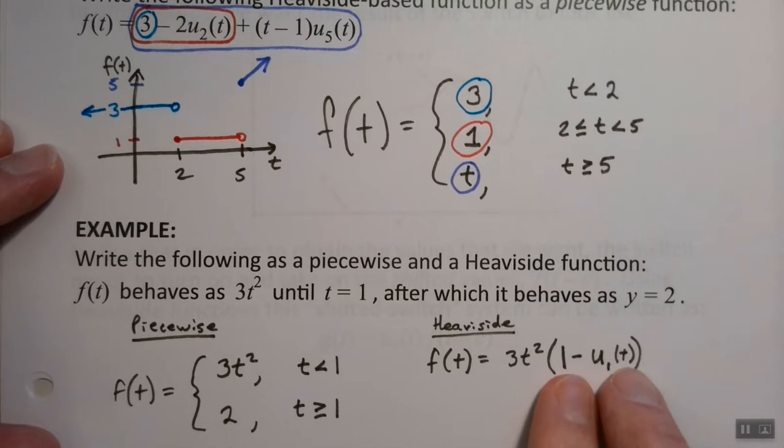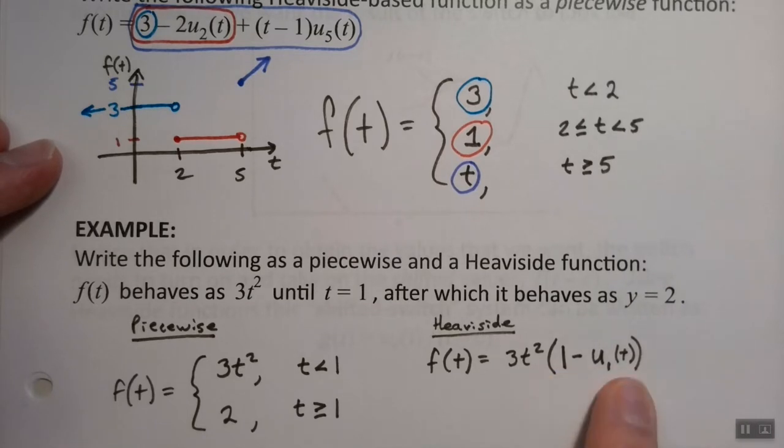And this is the equivalent of the reverse switch. So it's on until we turn it off instead of off until we turn it on. So if we stopped right here, we would have something that behaves like 3t squared until 1, and then it just disappears. It becomes 0. But we don't want it to disappear and become 0 at that point.